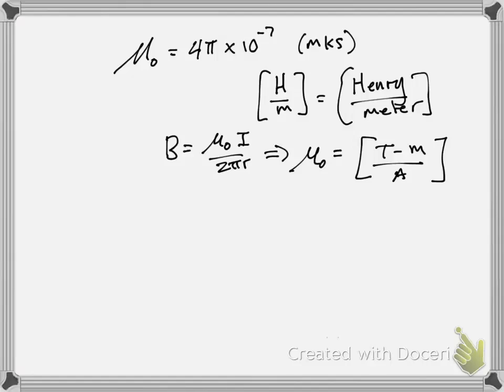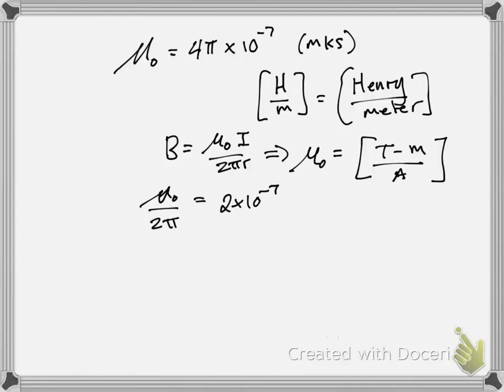I want to point out that this makes things pretty straightforward when we're calculating the magnetic field of a straight wire, because if mu0 is 4 pi times 10 to the minus 7, notice that mu0 over 2 pi, which comes into the magnetic field of a straight wire, is 2 times 10 to the minus 7 in MKS units.